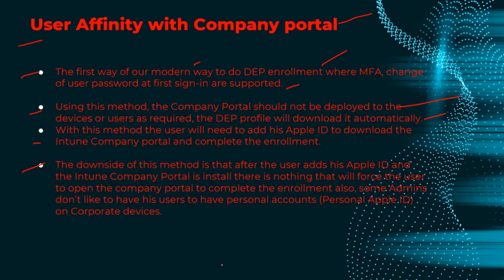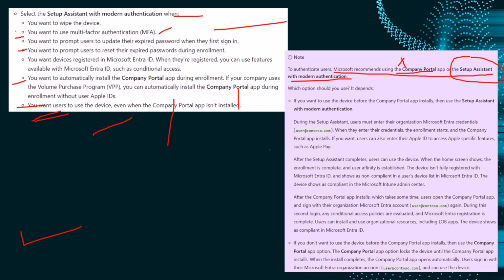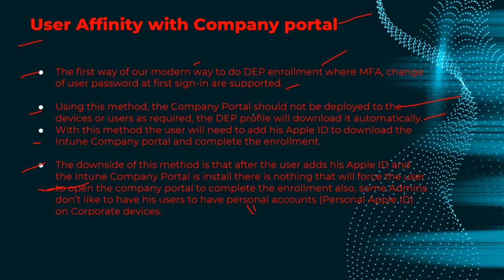There is nothing that is forcing the user to open the company portal app to finish the entire process, right? That is why the solution to that was using this mode, which was the single app mode, which forces the end user to log into company portal app, because the device is in single app mode and the device is in that guided access mode, right?